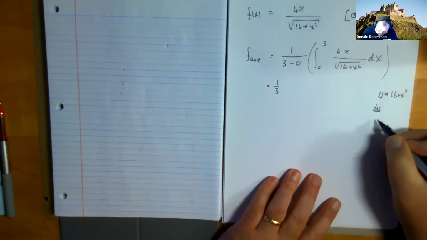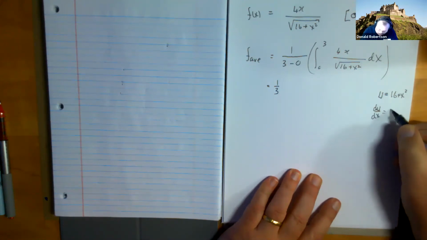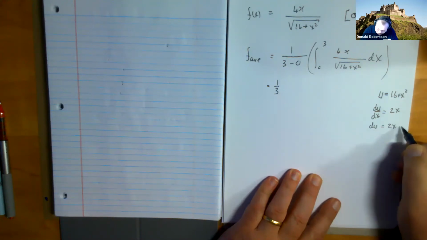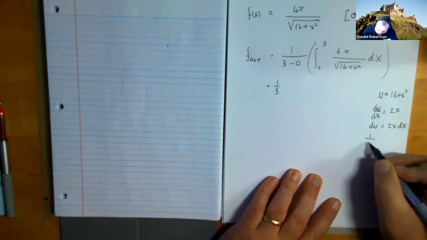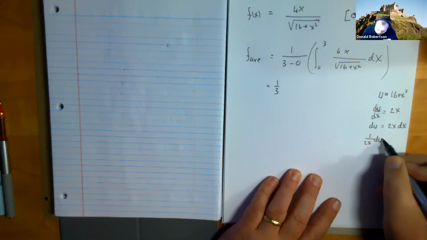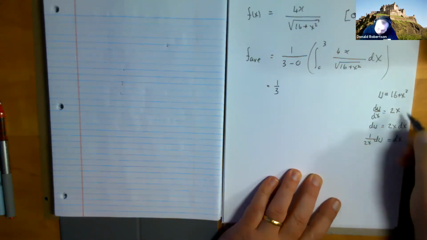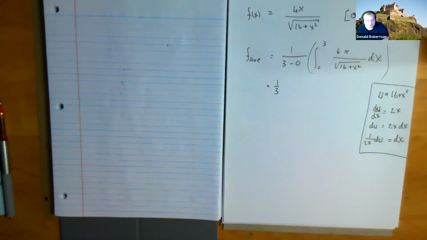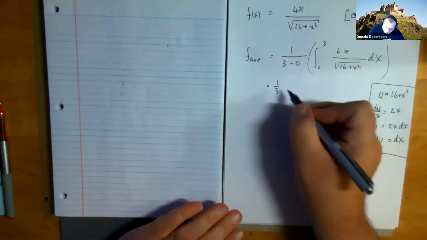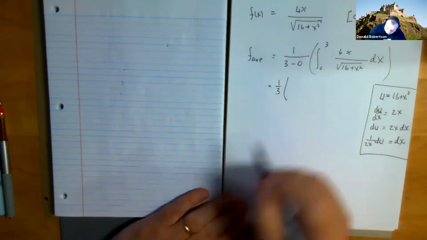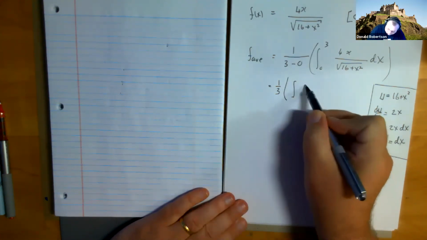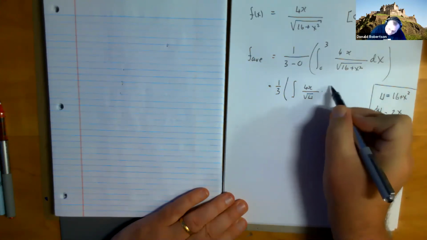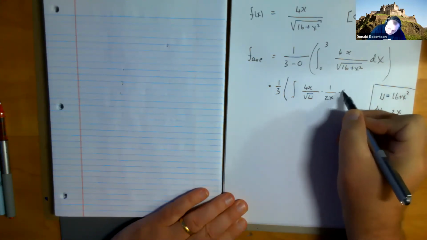So you differentiate with respect to x. You do the crossover. And then you isolate the dx. Hopefully, the U sub method is becoming second nature to you. Now let's see what we get then. Well, we're going to get the integral 4x over the square root of u times 1 over 2x du.